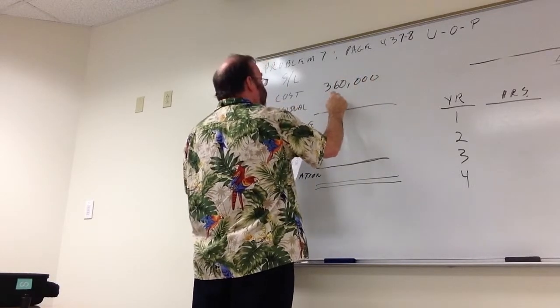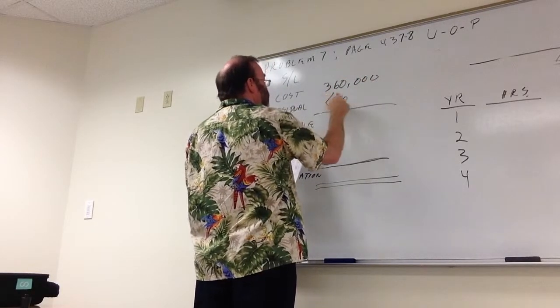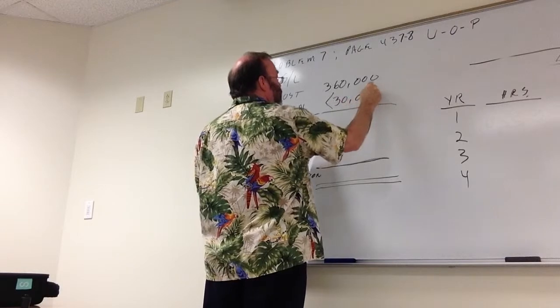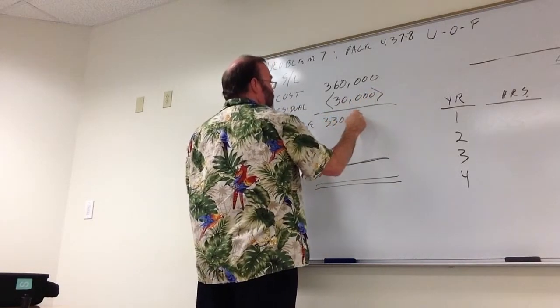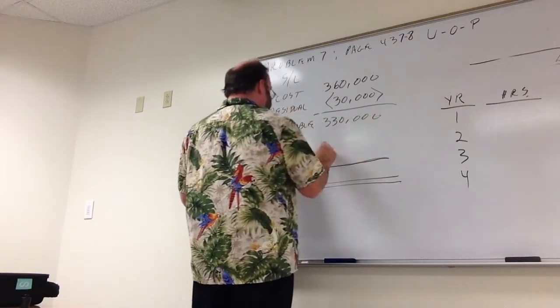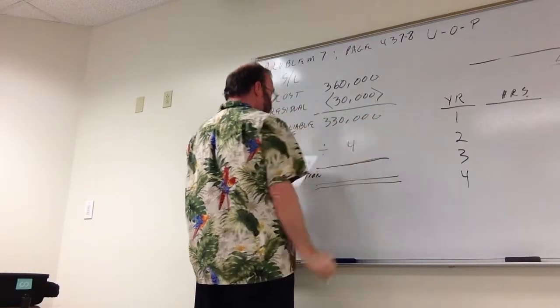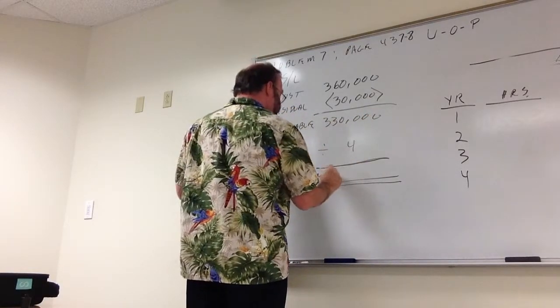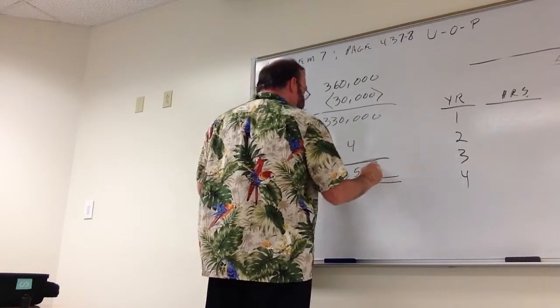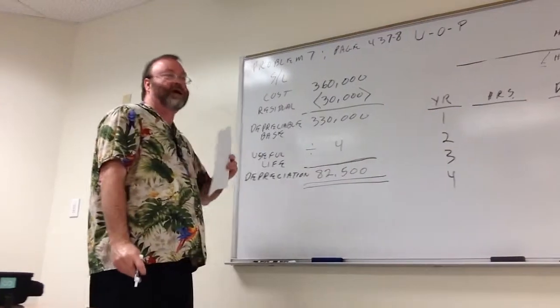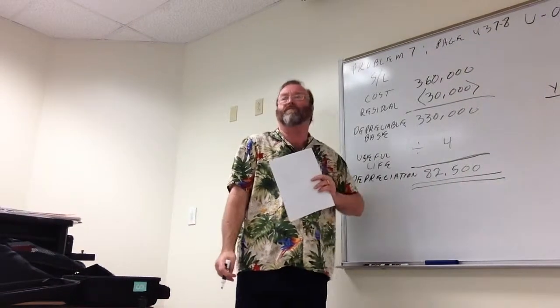with a residual value of 30. That leaves us 330,000. The useful life, we're back to 4 years, and that provides us 82,500 as our straight line annual depreciation.